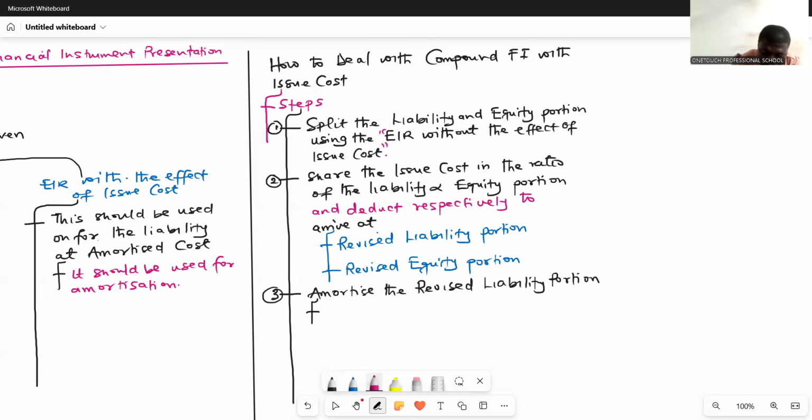In this amortization, remember to use the effective interest rate with the effect of issue cost. It's very important.